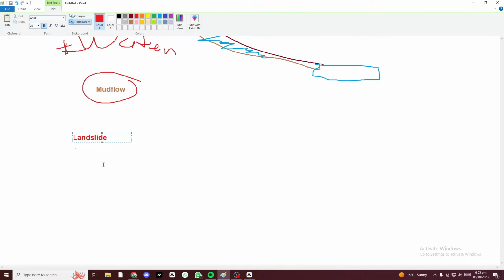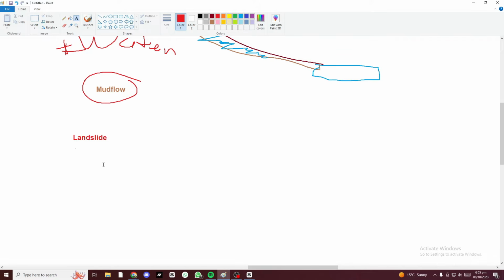Okay, landslides. Landslides are a general term for a downslope movement of a mass of rock, soil, or debris. They can be triggered by various factors including heavy precipitation, rapid snowmelt, earthquakes, volcanic eruptions, human activities such as construction or mining, and changes in groundwater levels. Landslides can range from slow, gradual movements to rapid catastrophic events.